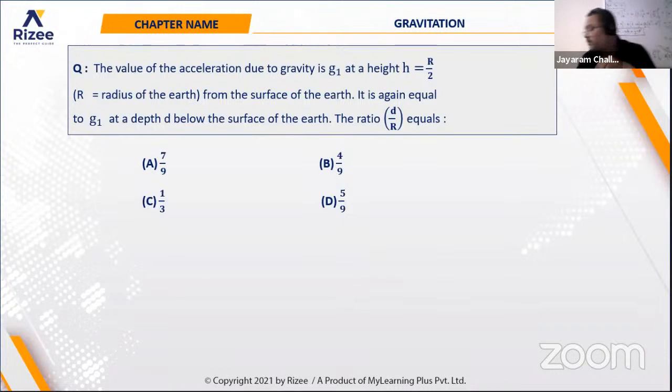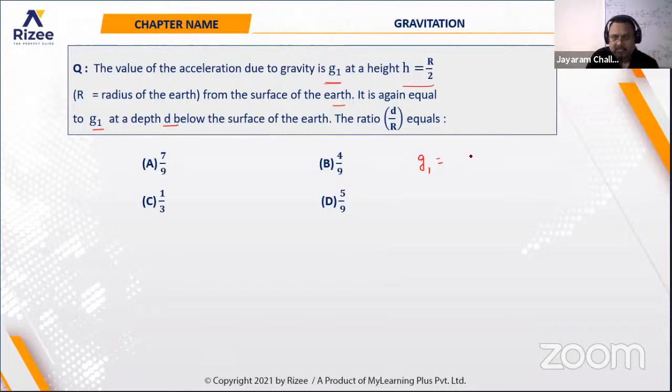In another question on this base, the value of the acceleration due to gravity is g1 at a height of h equal to R by 2 from the surface of the Earth. It is then equal to g1 at a depth of d. He is asking for the ratio. What he is telling is that acceleration due to gravity at a certain height h is equal to g1.